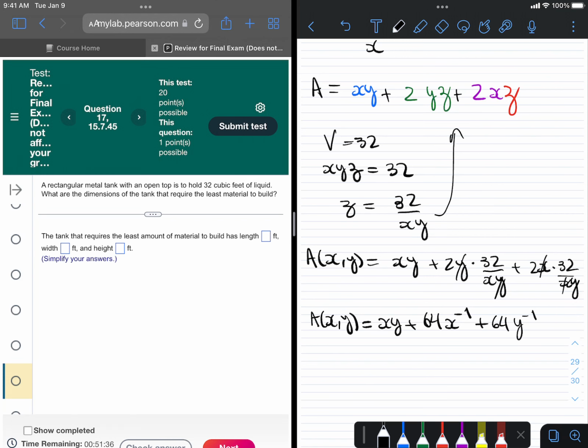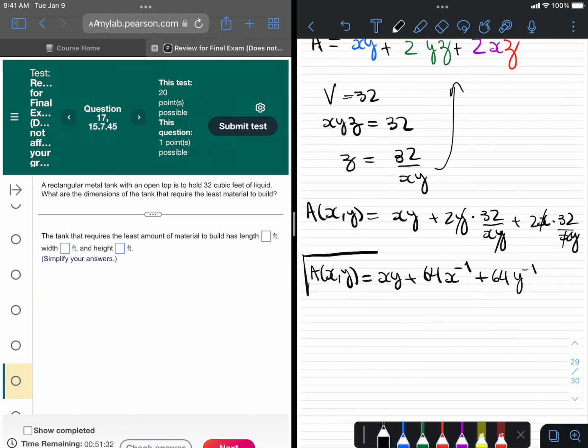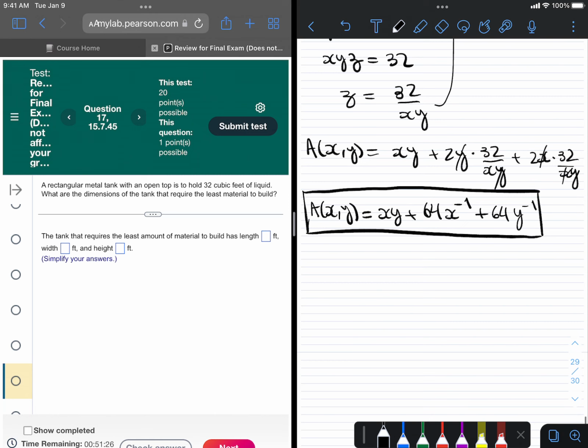So we're looking for the minimum value of this function. Pretty easy thing to do if we note that this is the area, so it's a positive function for sure. If it is to have an extremum somewhere, it is supposed to have a horizontal tangent plane, which means the gradient of this function needs to be 0.